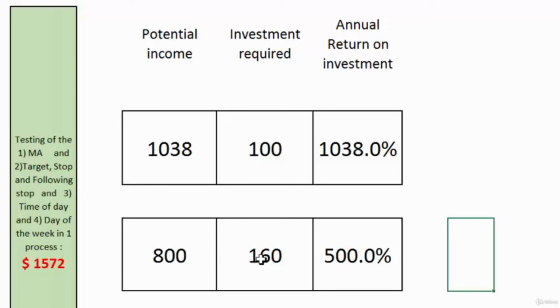I would then put $1,600 into an account, and I would lot size it by 10 times the lot size that produced the test amount, which I think we only used 0.1 of a lot. So that's how you lot size. You lot size according to the investment that you need to produce the income that you want. A 500% return is still pretty nifty.